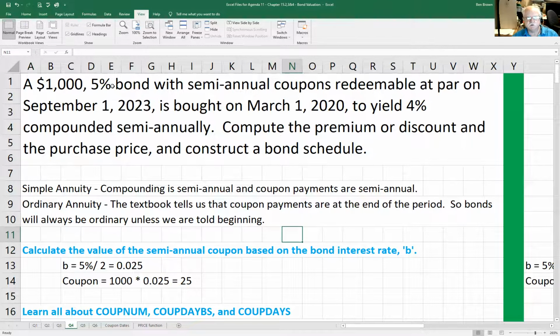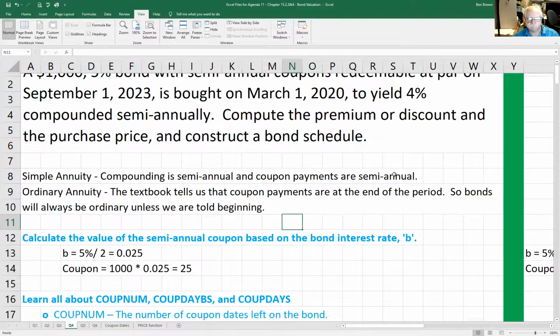So this bond will sell at a premium. We also see that it's a simple annuity. So they want us to compute the premium or discount and the purchase price.